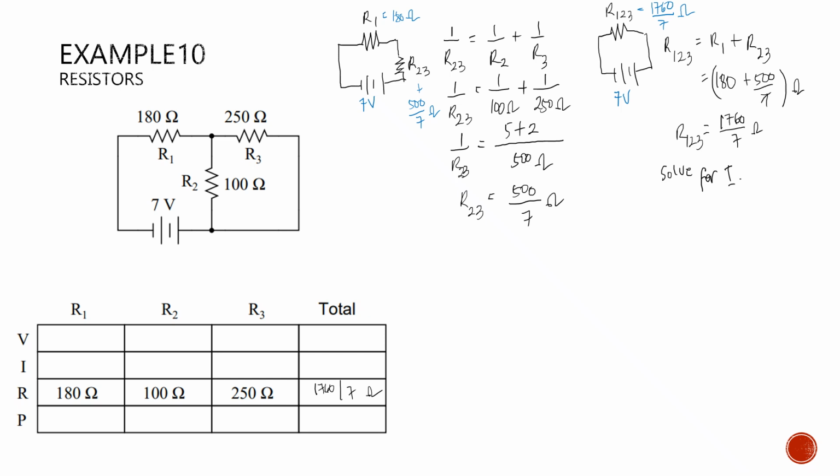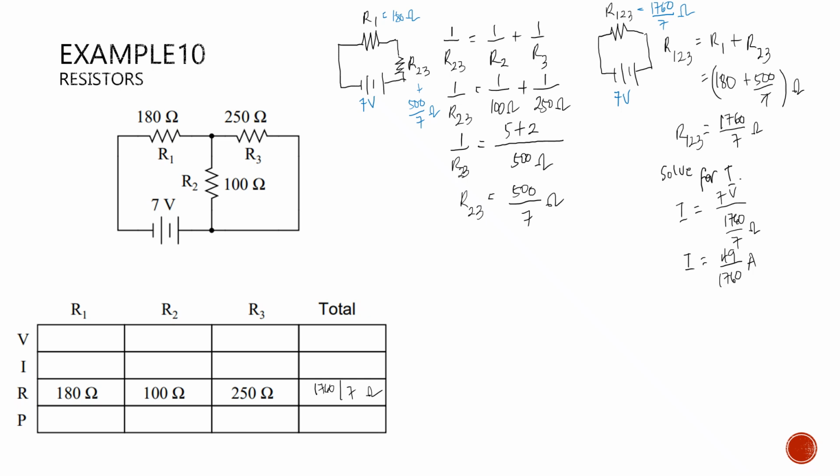I'll put a subscript for this, so it means it's the overall I. Okay, so using Ohm's law, we have 7 volts over 1760 over 7 ohms, which is equal to 49 over 1760 amperes. So it's the amount of current in R123.